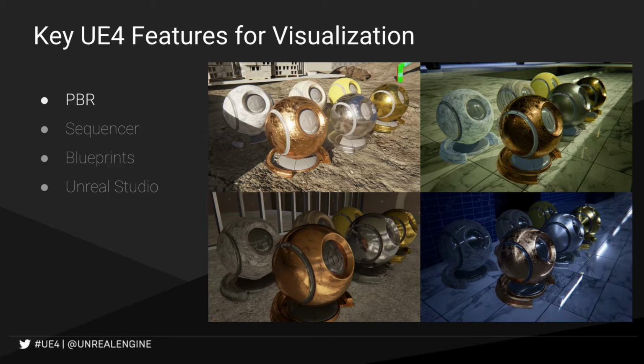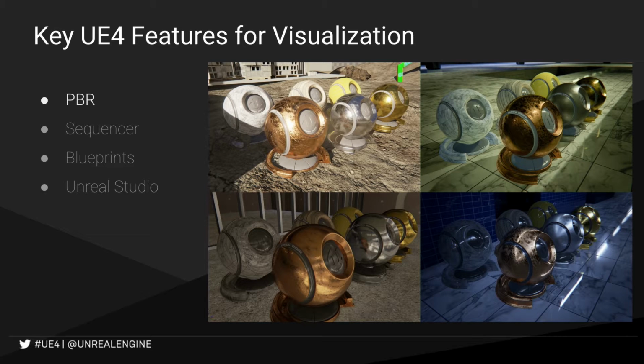So the key features for visualization out of that huge list, it's hard to choose, but if I had to choose, and I did have to choose, I'd choose these four. So the first is the PBR, or physically based renderer. Physically based rendering is a way of defining surfaces and light in a more physically accurate way. And the benefit of it is that materials are very easy to author using PBR.